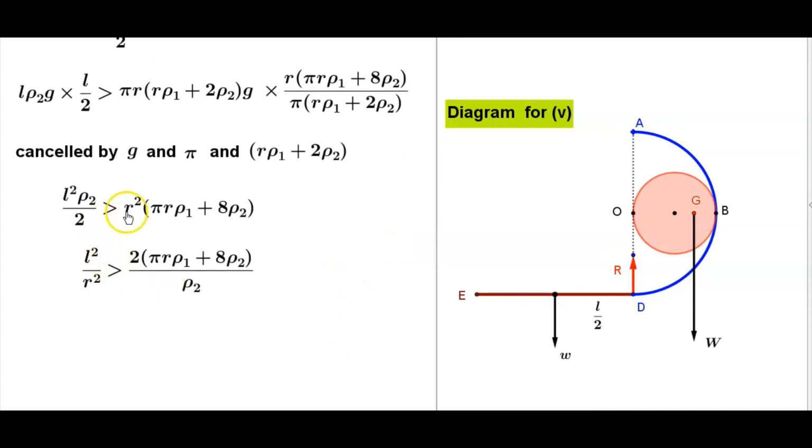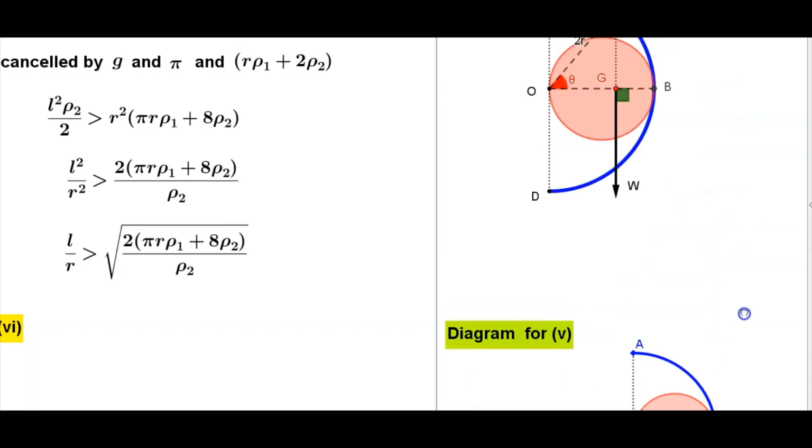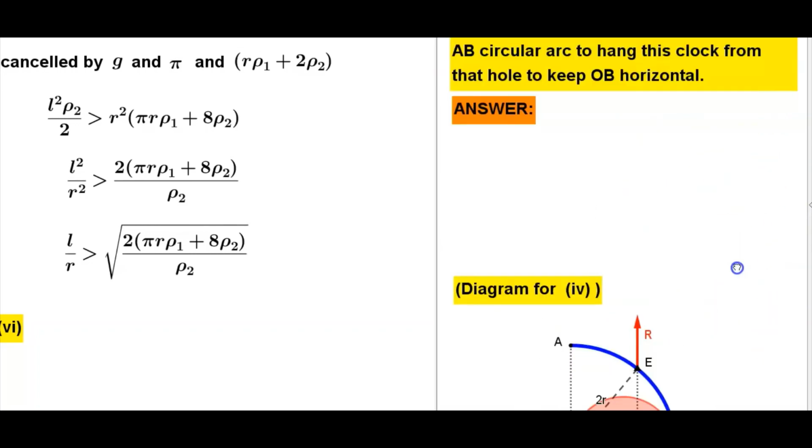So L squared over r squared, this 2 comes here, 2 into pi r rho 1 plus 8 rho 2 over rho 2, this rho 2 comes here. Therefore, when we take the square root of both sides, L over R is greater than the square root of 2 into pi r rho 1 plus 8 rho 2 over rho 2. So this part is also proved.